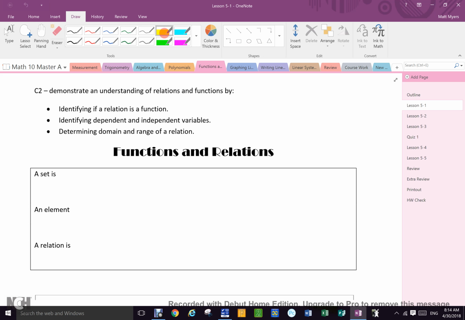Vocabulary. Three words there. I'm going to be using these words a lot. You're going to need to know what they are. The first one is set. Now, you all know when I say the word set, you have all seen this because it's been stolen from math by English.